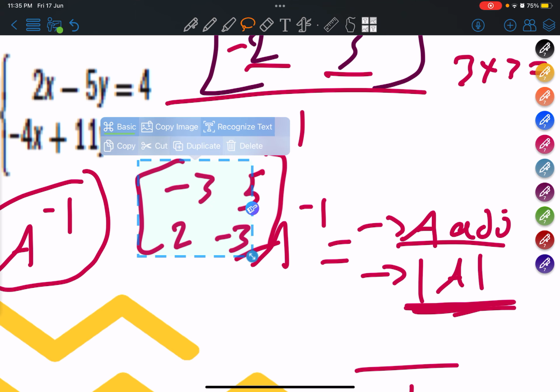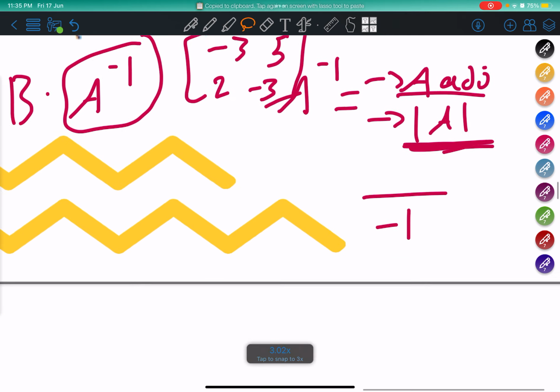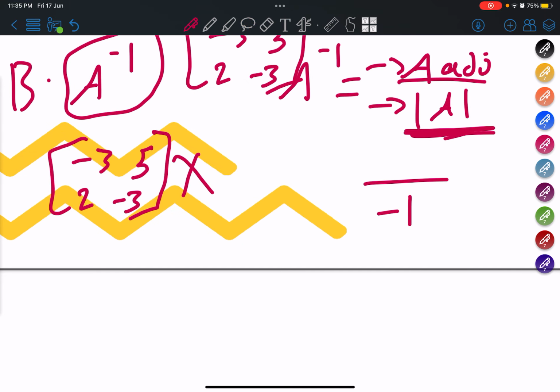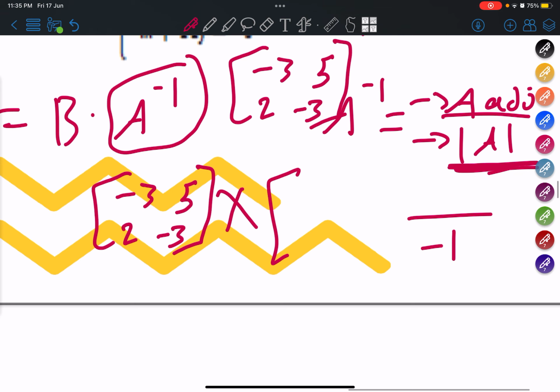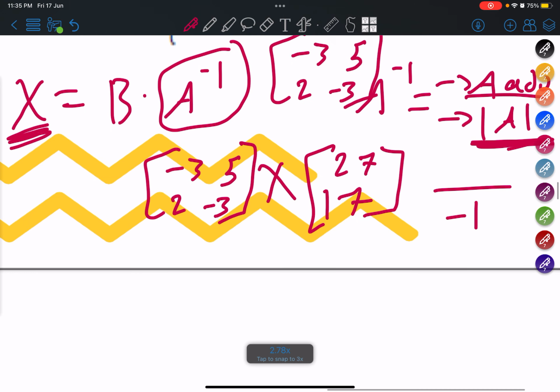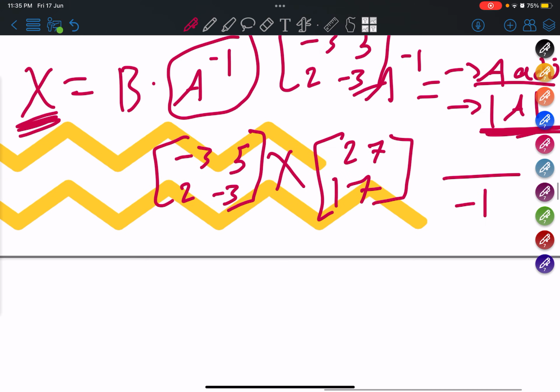This is what A inverse is equal to, but this is not the answer. The answer is A inverse times B. What is B? We said that B is 27 over 17. How do we multiply? Well, in order to multiply two matrices, first of all, as we said, the number of columns in the first matrix should equal the number of rows in the second matrix, okay?